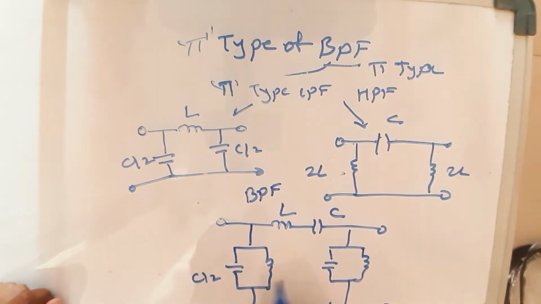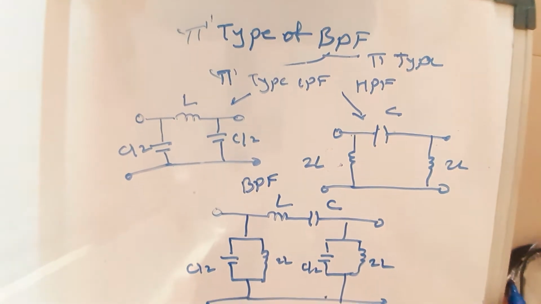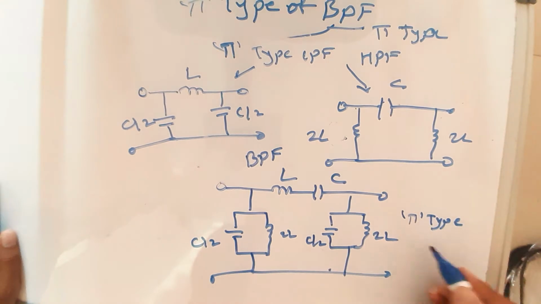So this is C by 2, this is C by 2, twice L, twice L. Okay, so this will be the pi type of band pass filter.